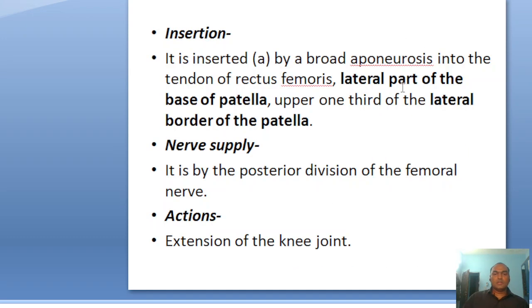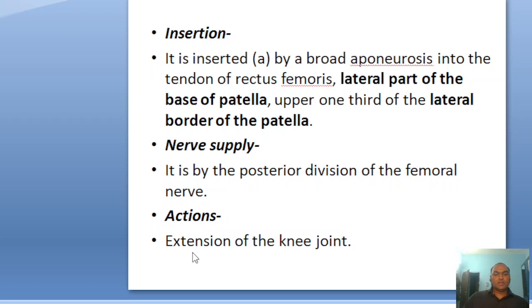Insertion of vastus lateralis: it is inserted by a broad aponeurosis into the tendon of rectus femoris, the lateral part of the base of the patella, and the upper 1/3 of the lateral border of the patella. So this is the lateral insertion of vastus lateralis. Nerve supply: it is also supplied by the posterior division of the femoral nerve.